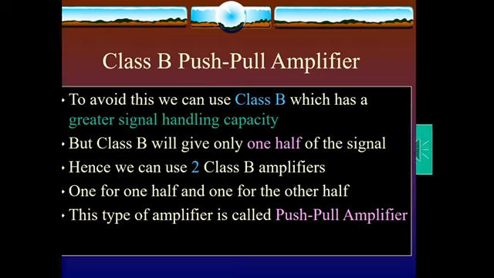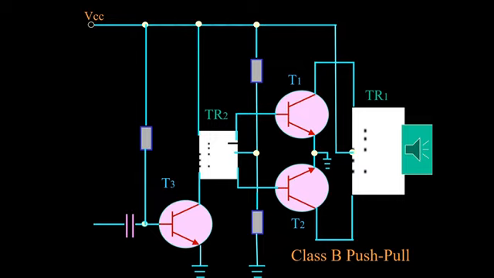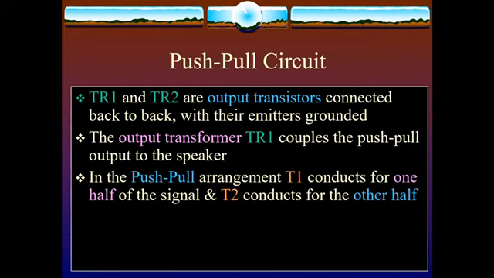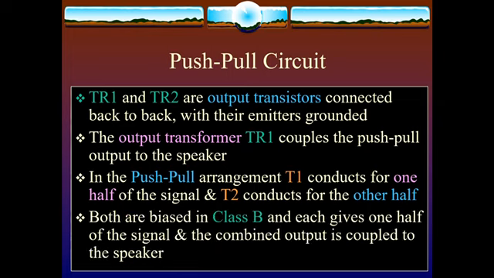So this is the design of a push-pull amplifier. You can see that there are two transistors, called TR1 and TR2, the output transistors, which are connected back to back with their emitters grounded. The output transformer couples the push-pull output to the speaker. In the push-pull arrangement, T1 conducts for one half of the signal and T2 conducts for the other half.